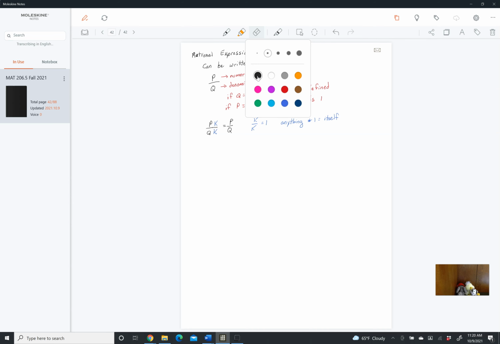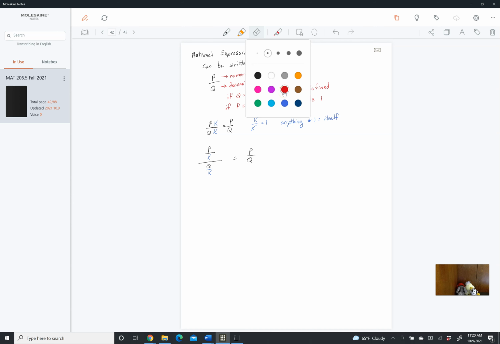And for similar reason, P over K over Q over K is also equal to P over Q. Why do we say that?